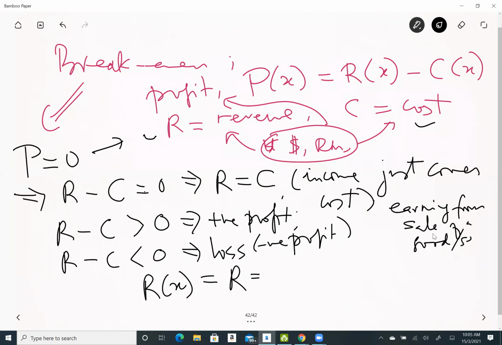Now, how do you determine that revenue? It's the income or the earning from sale. So how do you measure revenue?